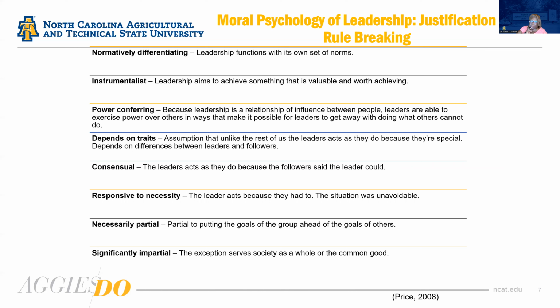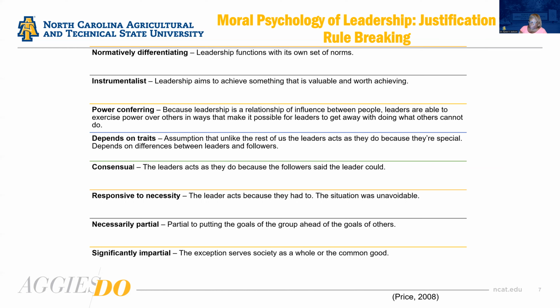What I've got on the slide here are some of the traits and characteristics of justification for rule breaking, and this comes from your Price text. But what I really want to get across here is that, again, morals are specific standards for right or wrong, and that moral principles indicate what is good, virtuous, just, right, and ethical with respect to human behavior.